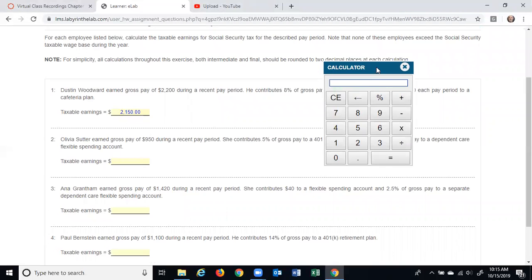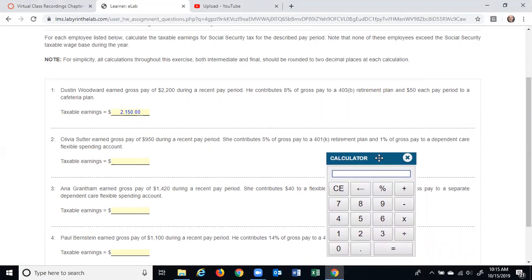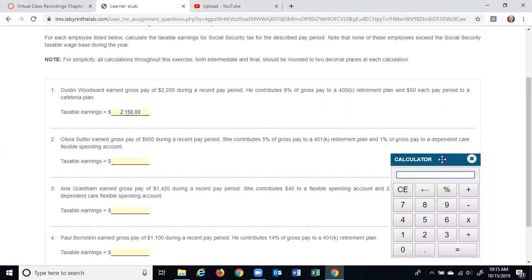Let's take a look at it again. Sutter earned gross pay of $950 during the recent period. She contributes 5% of her gross pay to the 401k retirement plan, which we know is not deductible, and 1% of the gross to a dependent care plan.